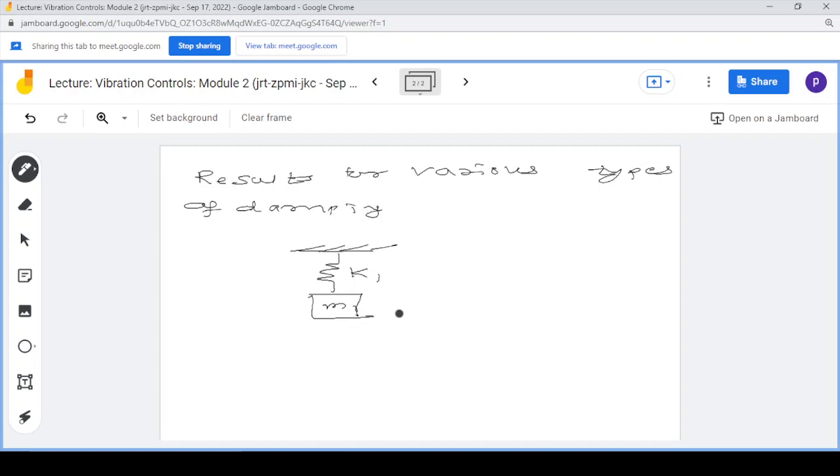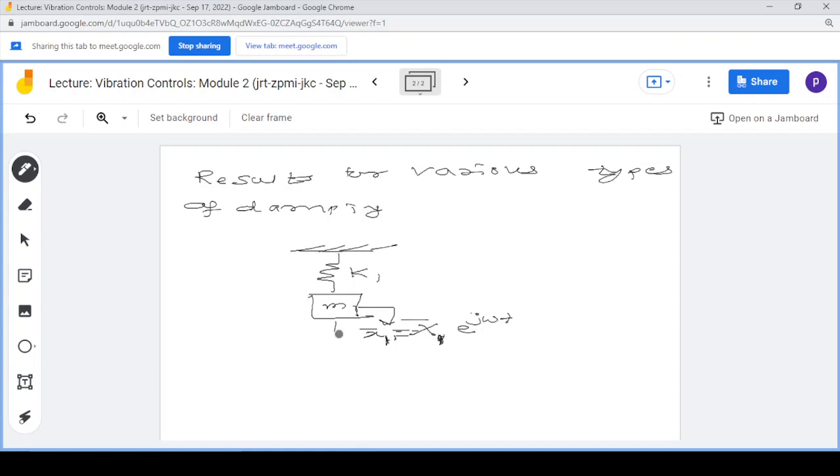Then let us consider the displacement of it as x1 bar e raised to j omega t. So this is small x1 equals x1 bar e raised to j omega t.